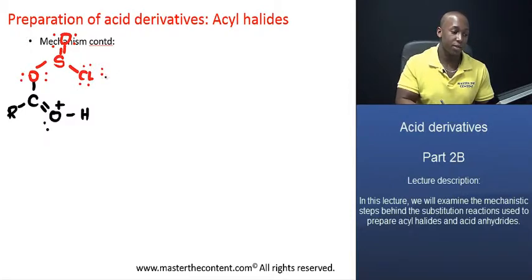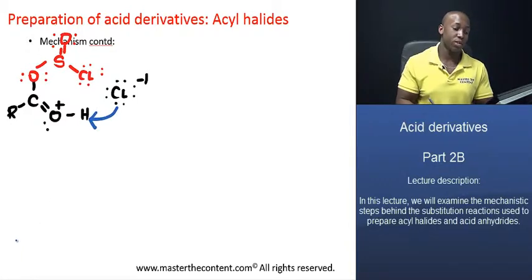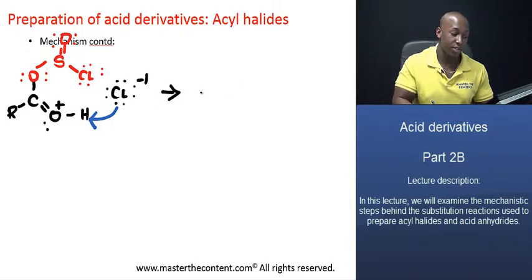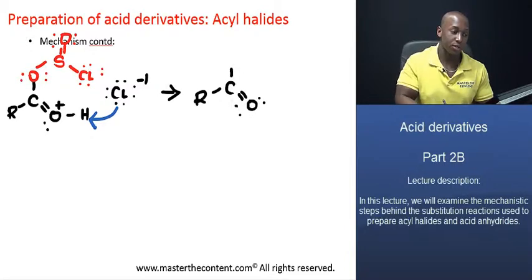So the chloride ion is going to come along. Remember, it just exited, it just left the structure, and it's going to abstract or remove a proton from that intermediate, which results in the formation of yet another intermediate, this time a neutral one that looks something like this. Just going to quickly draw that out.